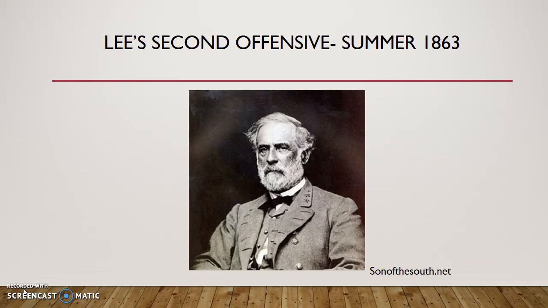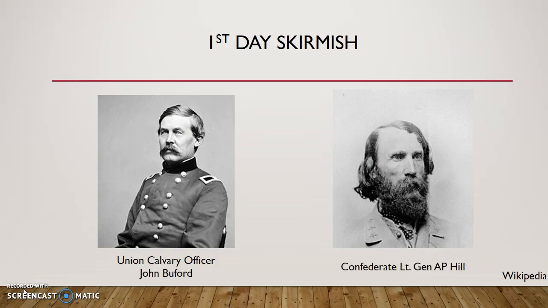Meade had over 110,000 troops at his command. On the first day of the Gettysburg campaign, July 1st, the Union cavalry forces, under Chief of Cavalry Officer John Buford, got involved in a skirmish outside the small, quiet town of Gettysburg at the Maryland-Pennsylvania state border, with two regiments of the Confederate Army under Lieutenant General A.P. Hill.